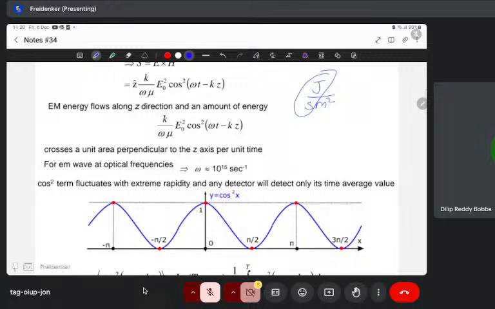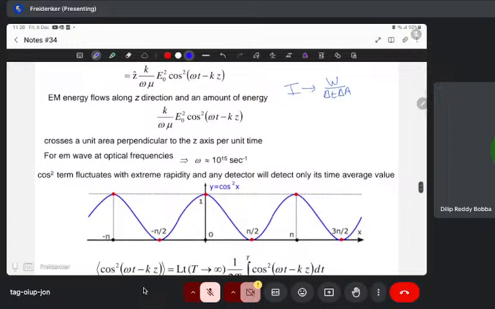So it's like intensity, isn't it? Intensity is work done per unit time per unit area. So the Poynting vector represents intensity. So intensity will have this unit. So the Poynting vector is essentially intensity, I believe.